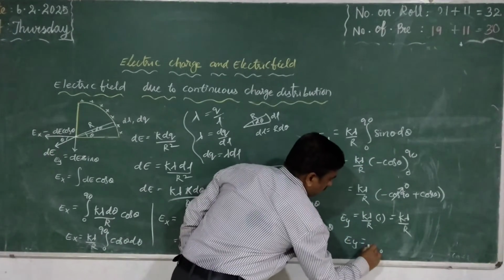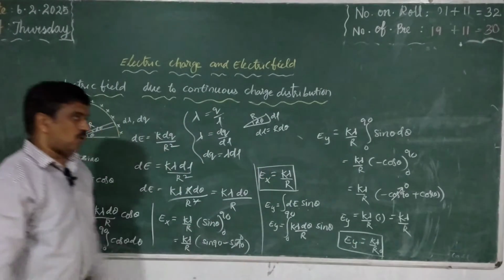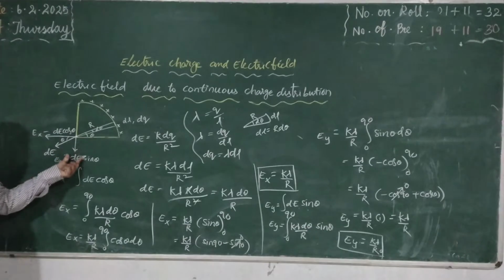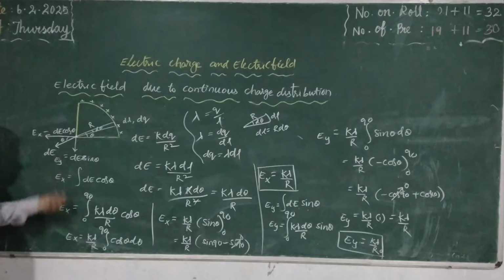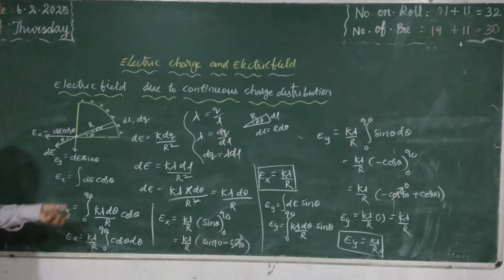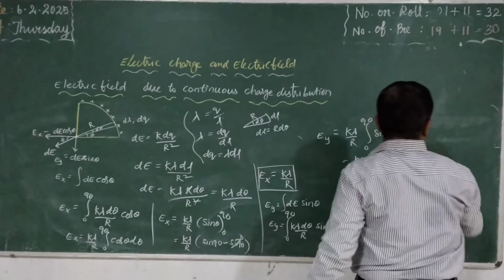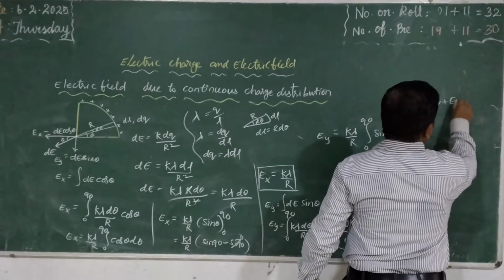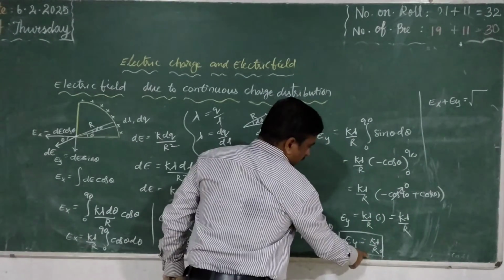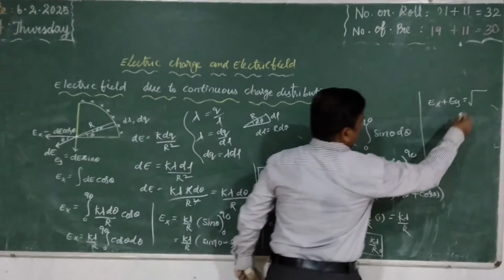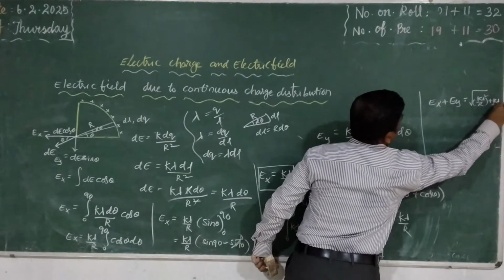Along the y axis the electric field is k lambda by r, along the x axis it is k lambda by r. So this is the net electric field. Electric field is a vector quantity, so we use the vector law of addition. What is the angle here? 90 degrees. So net electric field equal to root of, k lambda by r whole square plus k lambda by r whole square.